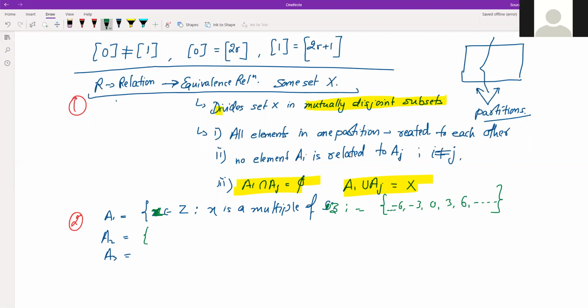Same way A2, suppose for this we have a different situation. It says x belongs to Z such that x minus 1 is a multiple of 3. Same way, the last one is again similar: x belongs to Z such that x minus 2 is a multiple of 3.